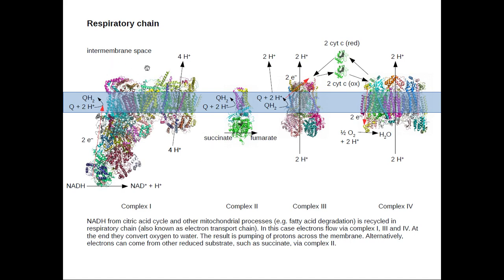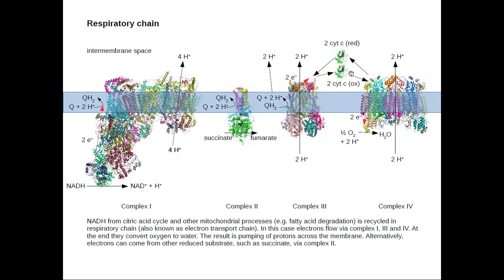So all the respiration chain is located on this internal membrane of mitochondria. This outer membrane of mitochondria has very little role in the respiration chain. Protons can easily pass through this membrane, because there are some pores.